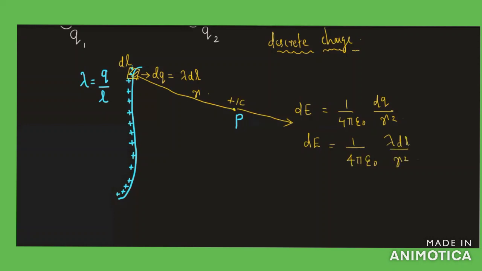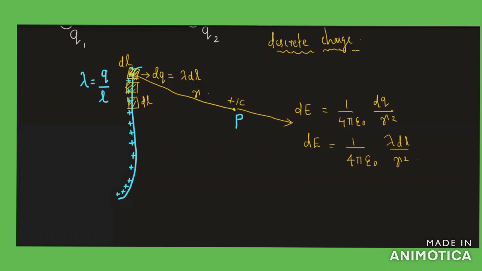This is the electric field at point P due to this infinitesimally small section dl of the charge configuration. Now to get the net electric field at point P, we assume that we are dividing the entire line into infinitesimally small sections of dl each, find the electric field at point P due to all these sections, and then add the electric fields due to these small sections to get the net electric field at P. When we do this for a continuous charge configuration, the mathematical technique is actually integration.